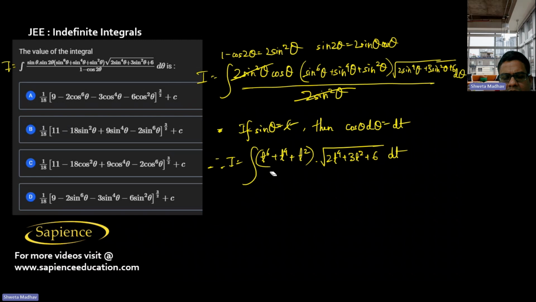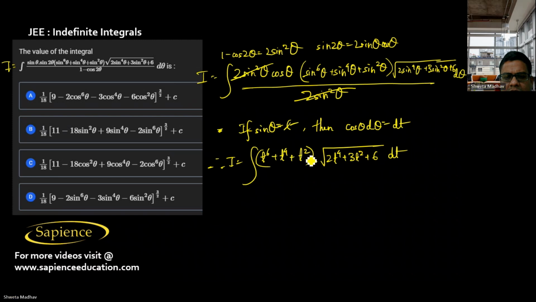So now here, if we take this as z, from here t square I can take outside.